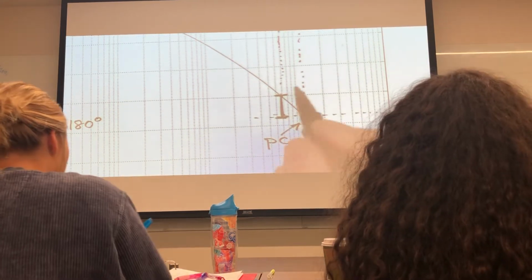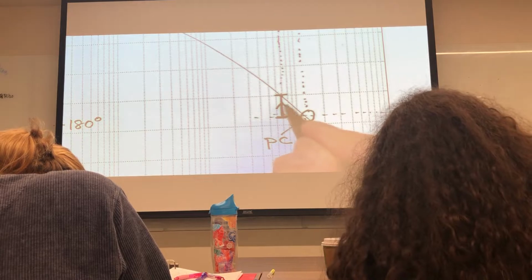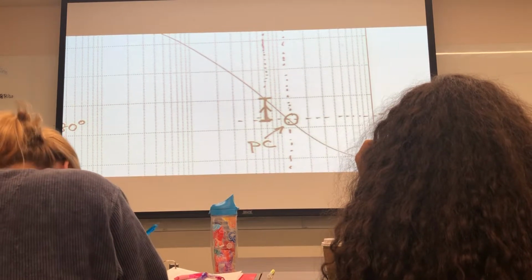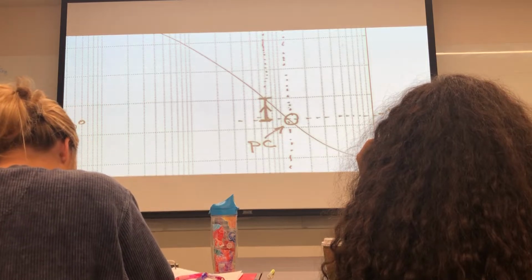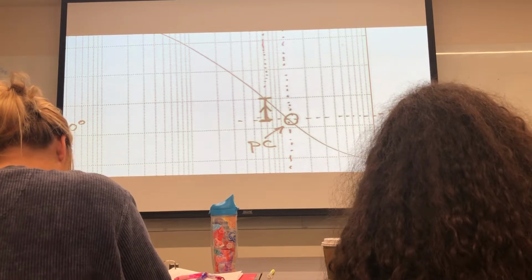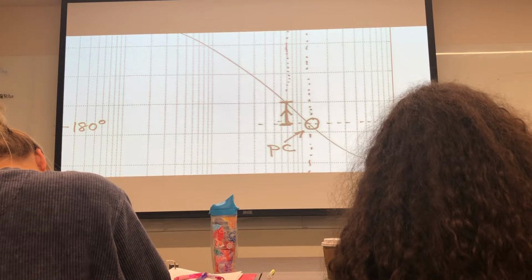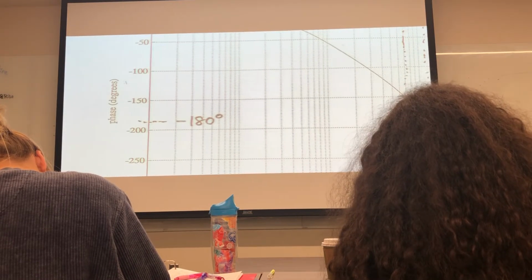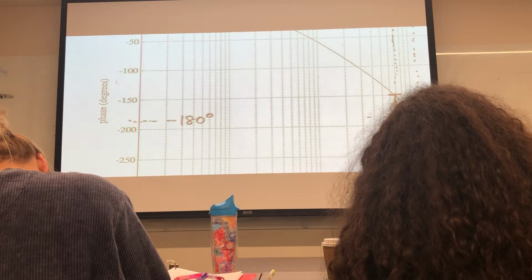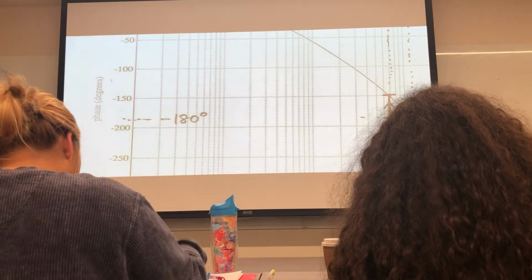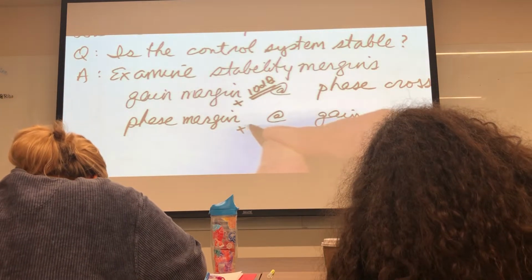So we go from 180 and we draw an arrow like this. Okay? We measure how far we are from 180 degrees. So again, this is a positive margin. So we'll have to eyeball that and figure out what that is. That looks like it's about 30 degrees. This is a positive 30-degree margin.